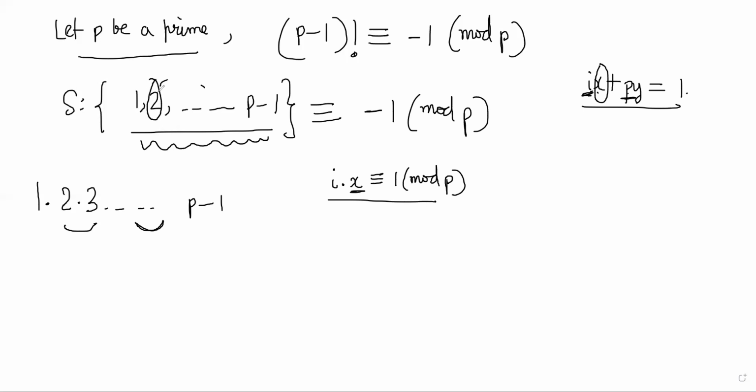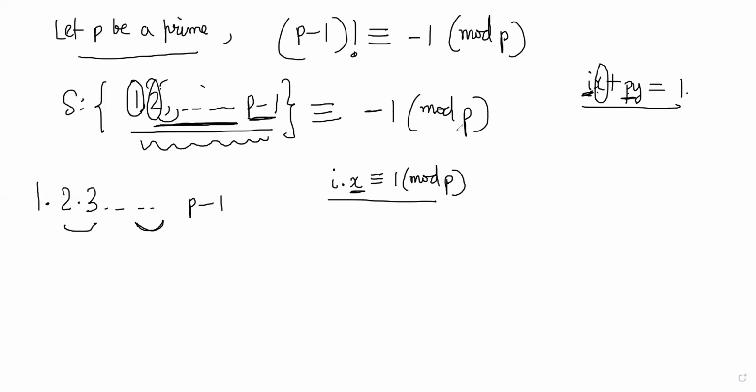So for each number, we will find a pair. The only special cases will be 1 and P minus 1 because they are 1 or minus 1 mod P. Every other number will have a pair.